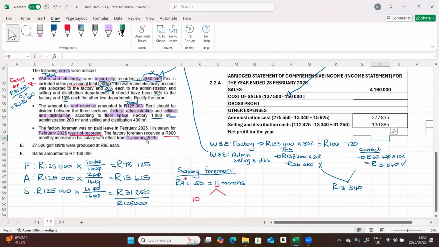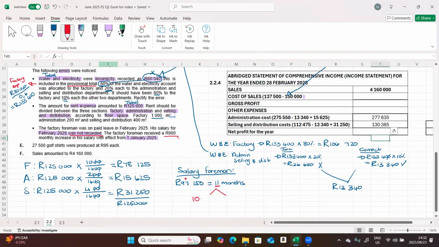January and February had the increase of 900, but February is not included, so there's only one other month that has the increase. Therefore, for 10 months, there was no increase. That means from March to the end of December there was no increase, and in January and February 2025 is where the increases were. So 10 months, no increase.